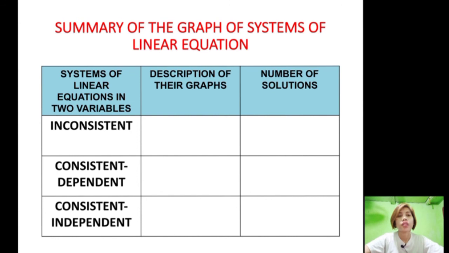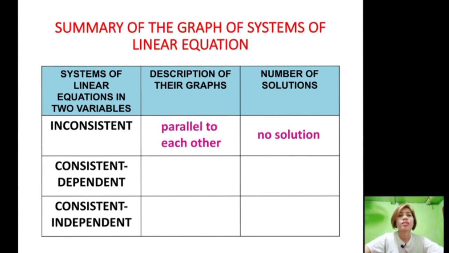So, doon muna po tayo sa inconsistent. Ano po ang description ng graph nila? Yun po ay parallel to each other. So, pag parallel to each other, ilan po ang solution? It has no solution. So, pag inconsistent, the graphs are parallel to each other and then it has no solution.